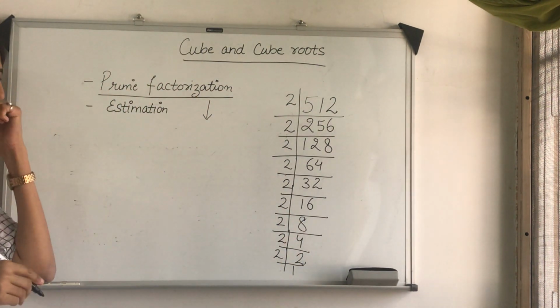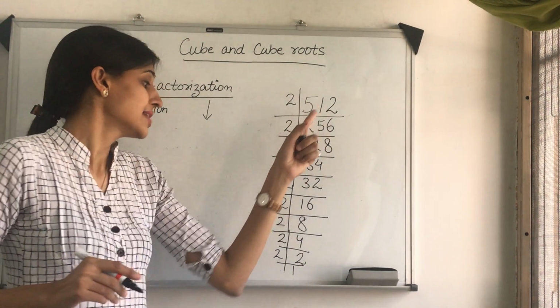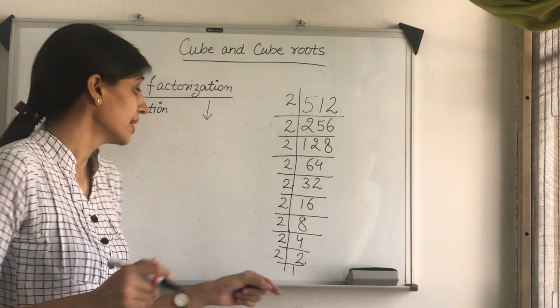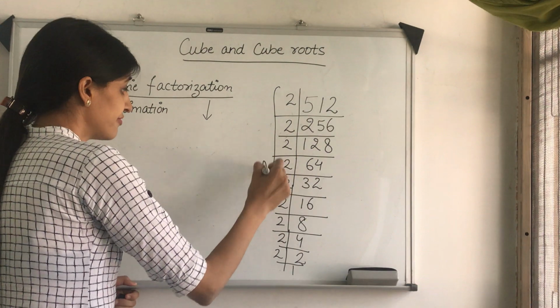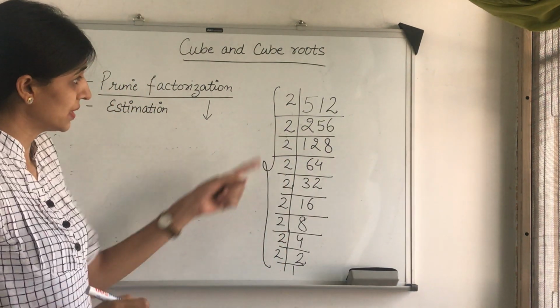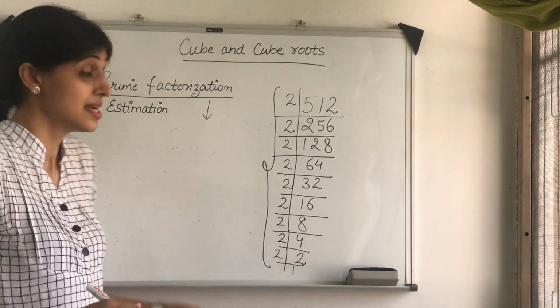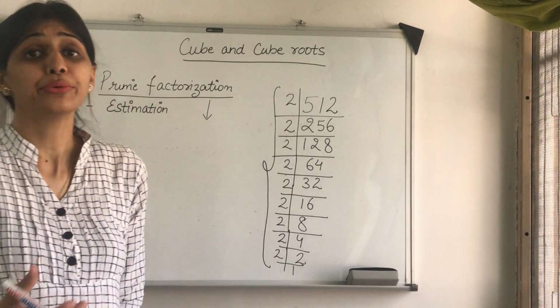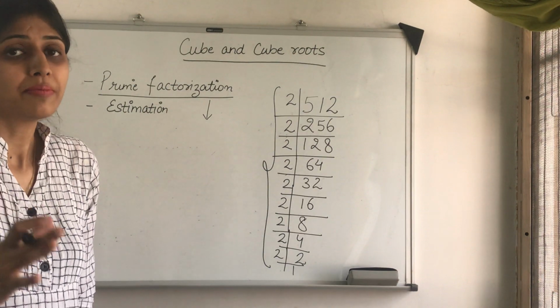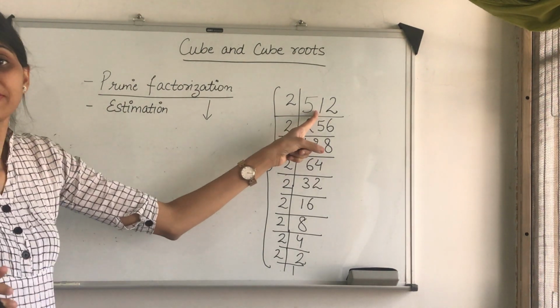So we have to prime factorize it till we get 1. Now these are the factors of 512. That is 1 2 3 4 5 6 7 8 9. That is, if you multiply 2 nine times, the number comes out to be 512.